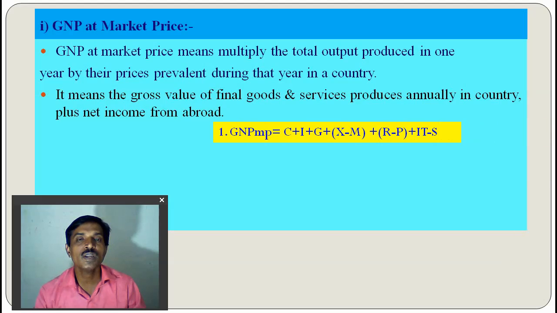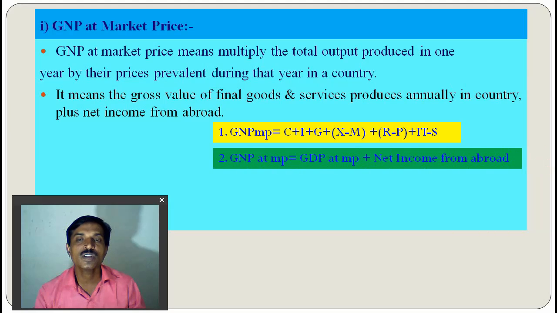So GNP at market price includes C plus I plus G plus X minus M plus R minus P plus IT minus S, meaning indirect taxes minus subsidy. C stands for consumption, I for investment, G for government expenditure, X for export, M for imports, the net value of export and import, receipts minus payments, plus indirect taxes minus subsidy.